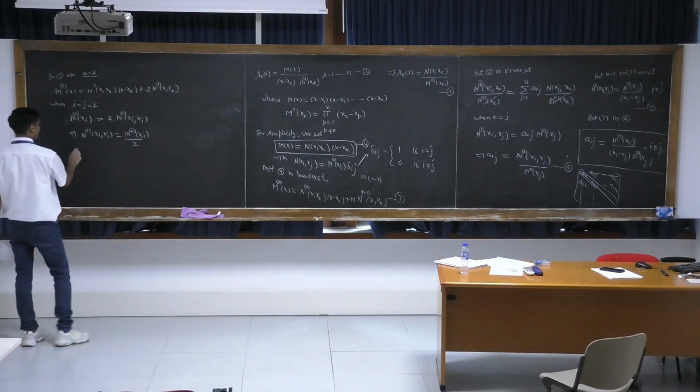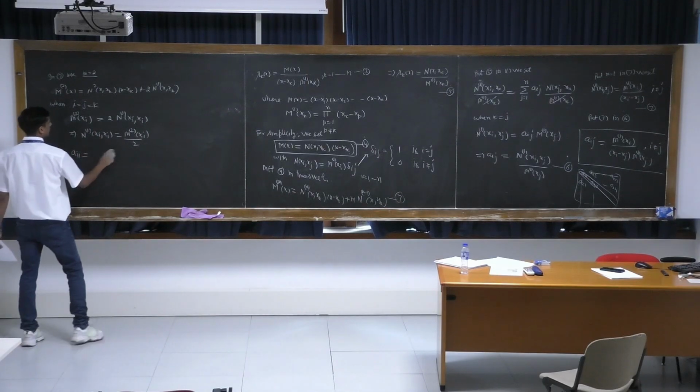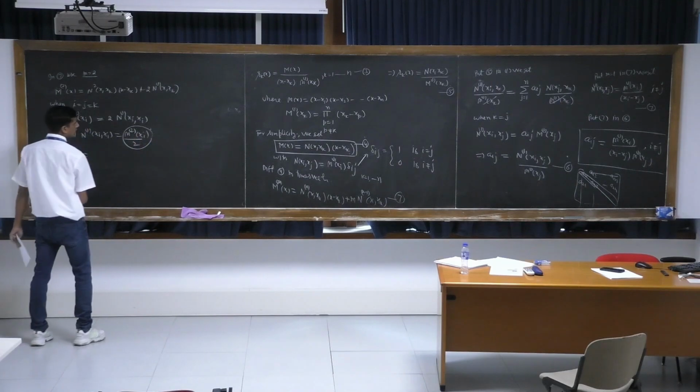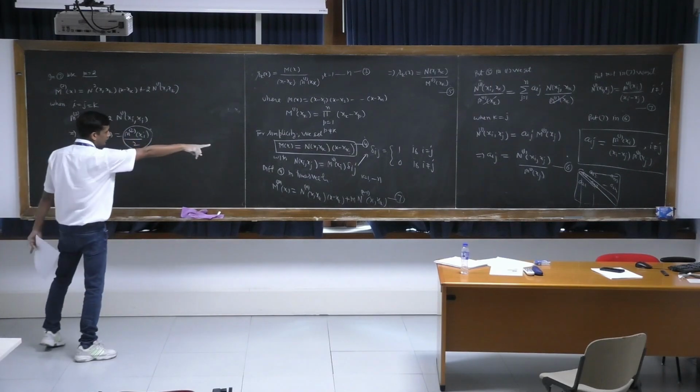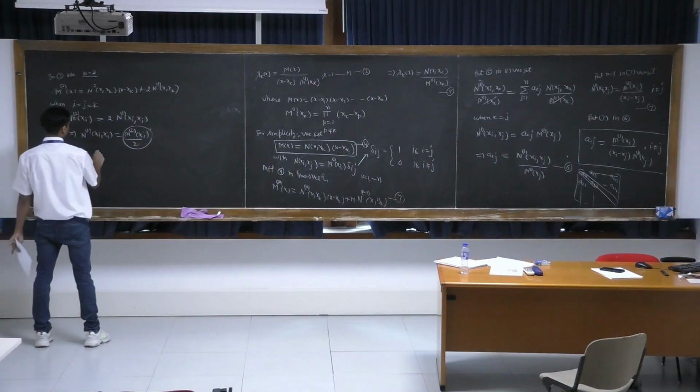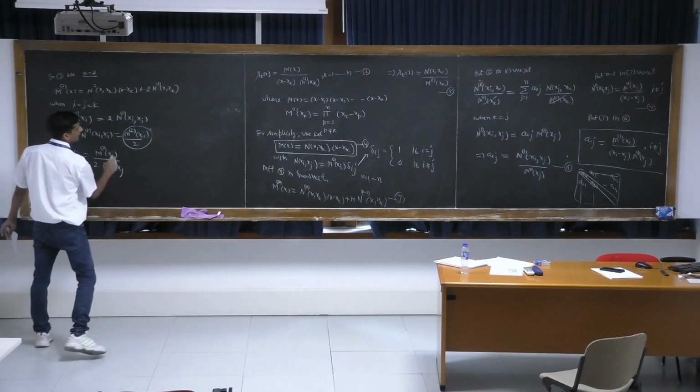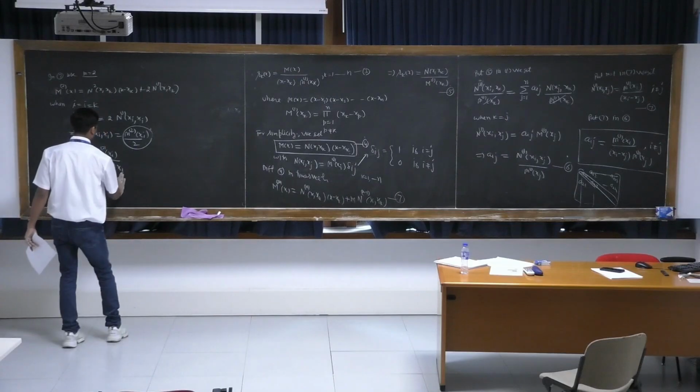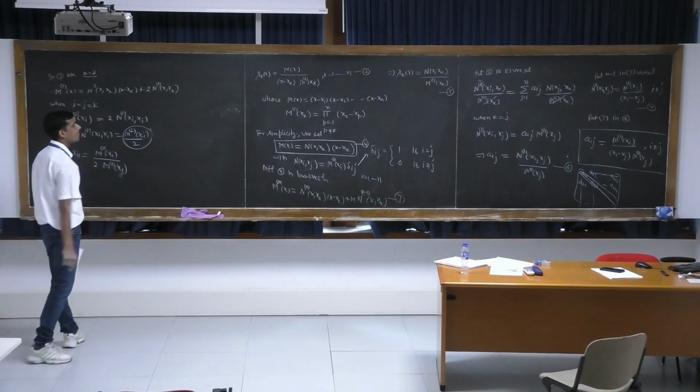Okay, so we can find aii in terms of this. If I am using 6 here, put in 6, so m2 of xi divided by 2 and m1 of xj. Both are the same, so this is it.